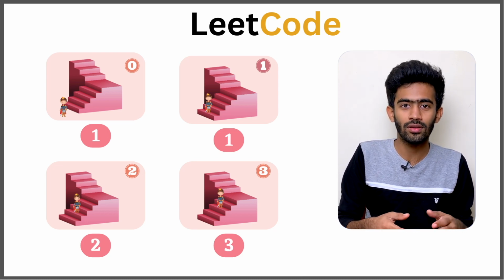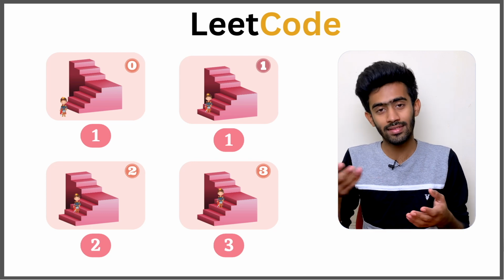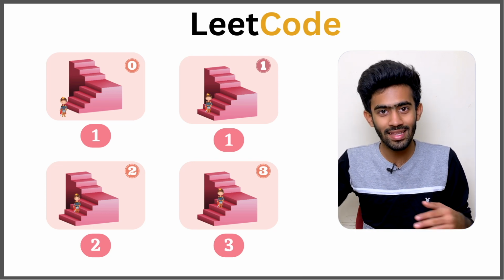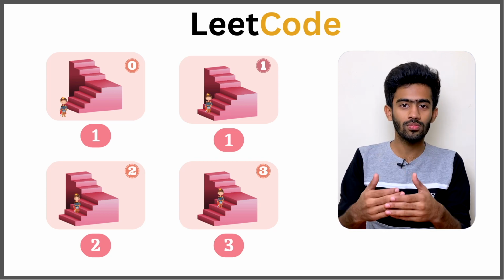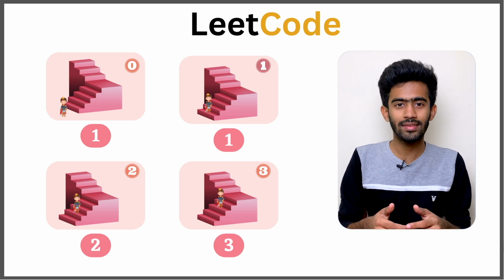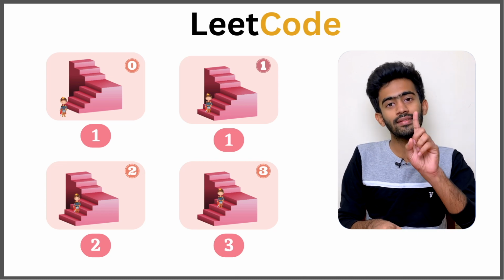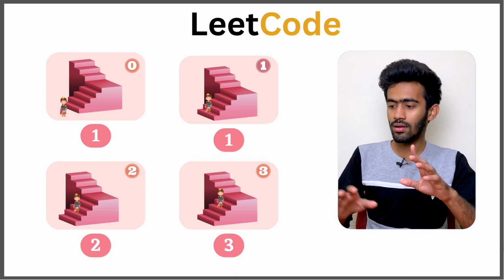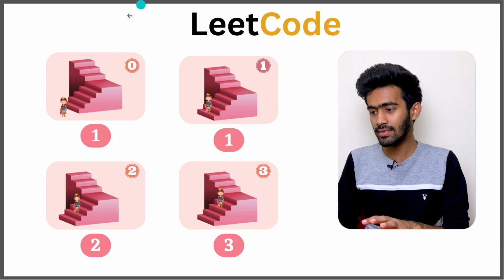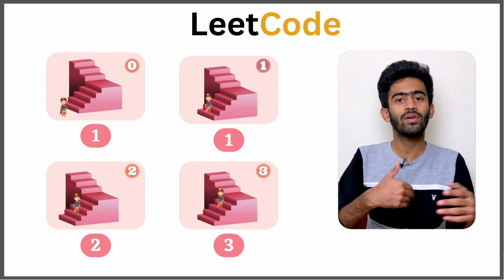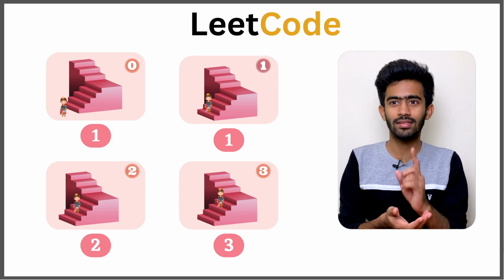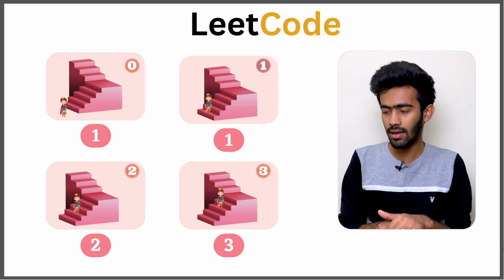Again, you can't come back to 0. And if you take 2 steps, you move to the second step, you can't come back to 0. So the only single way possible to be at 0 is to stay there itself. So that is the value if n is equal to 0. If there are no steps, then how many ways are there to reach 0? That is just one way, just stay there.